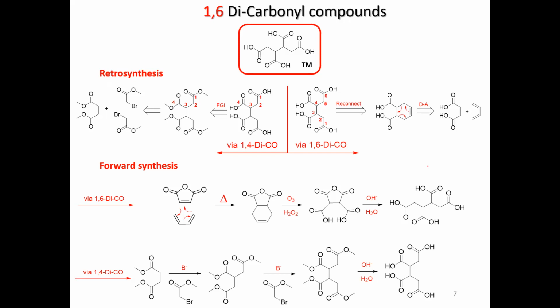With that 1,6, you won't have the same problem because you are reopening exactly in these conditions. But again, the 1,4 route is as good as the 1,6 to me. Maybe this one is more problematic, but we'll still do it. Okay. Questions on that?